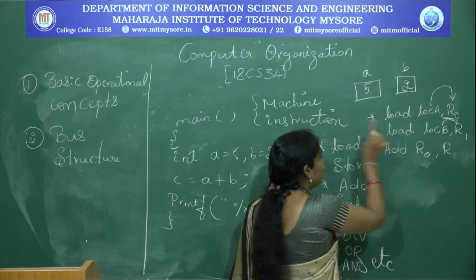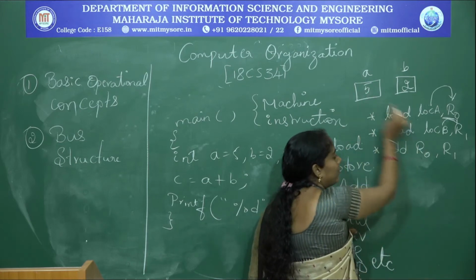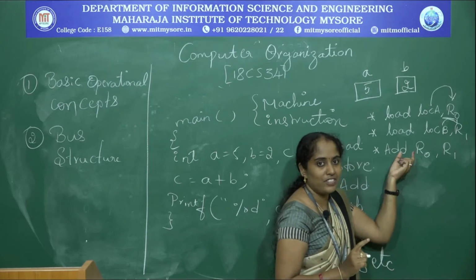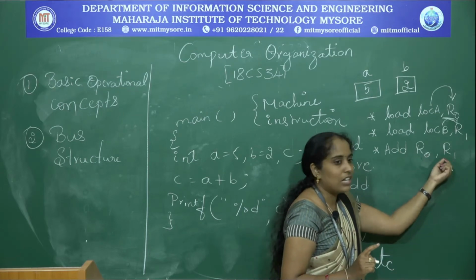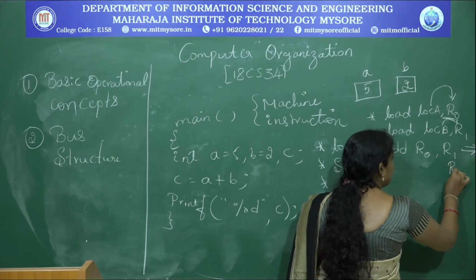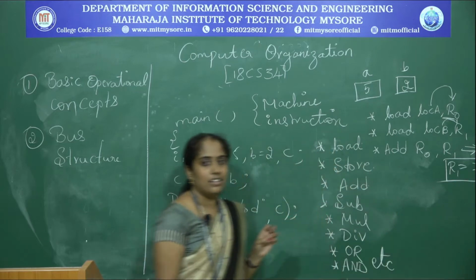Okay. So 5 plus 2 is 7. Initially R0 contained 5 and R1 contained 2. After the execution of this instruction, R1 contains the value 7. This is the result.